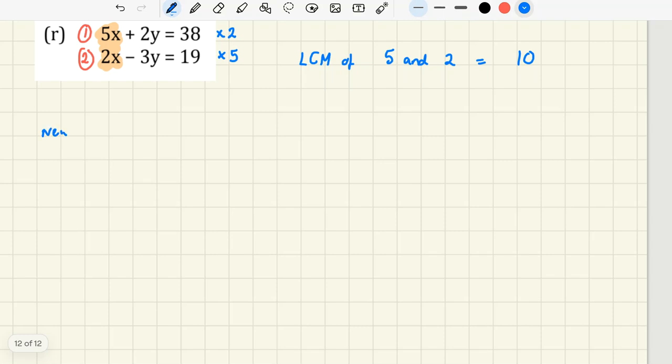So my new number 1 is actually 10x's plus 4y's equals 76. And my new number 2 times by 5, well, that's 10x's minus 15y's equals 50 and 45, so that's 95.